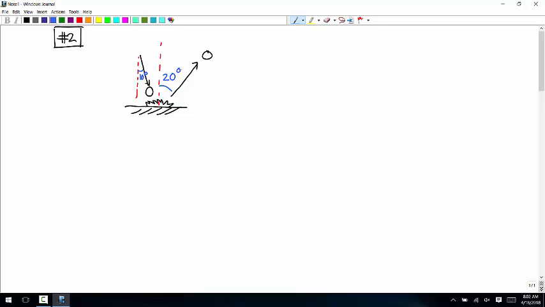Oh. I looked at a different problem there. 12, yes. Okay, 12 degrees. And coming in, it has a speed of 10 meters per second. And leaving, it has a speed of 8 meters per second.